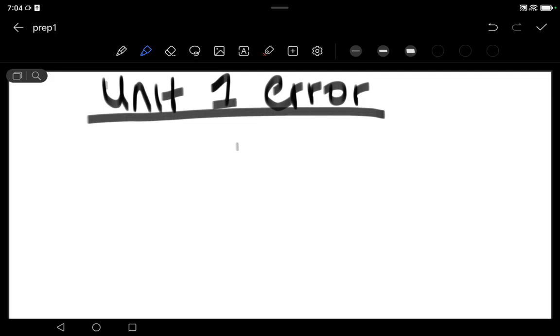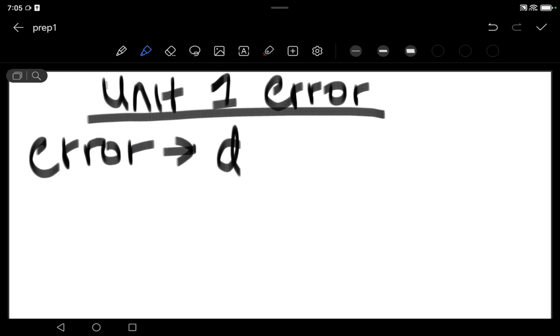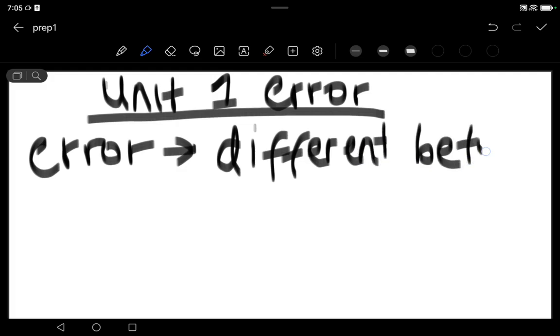Error is a measurement that is the basis of all experimental science and technology. In mathematics, error is a difference between the true value and measured value.